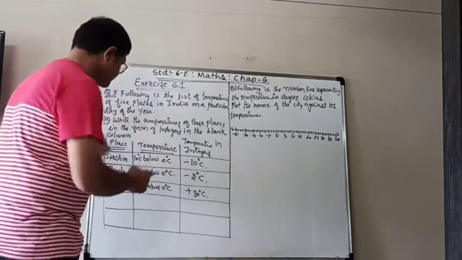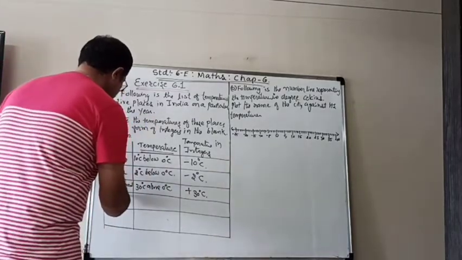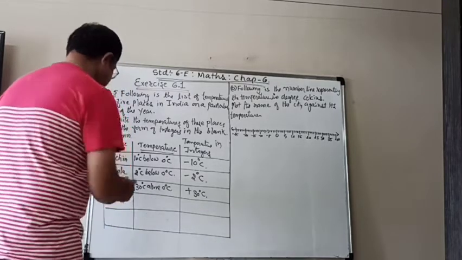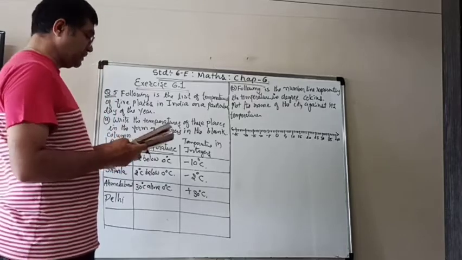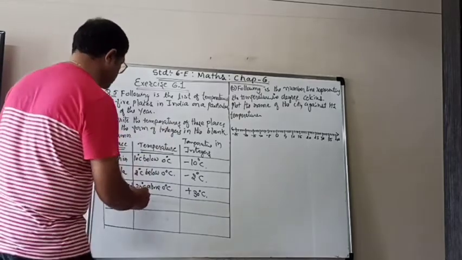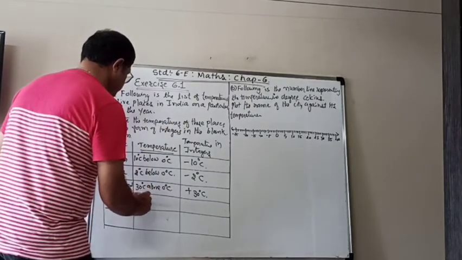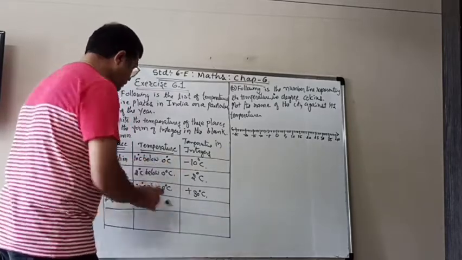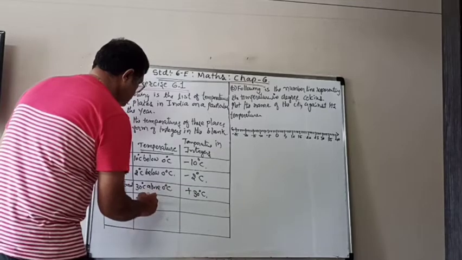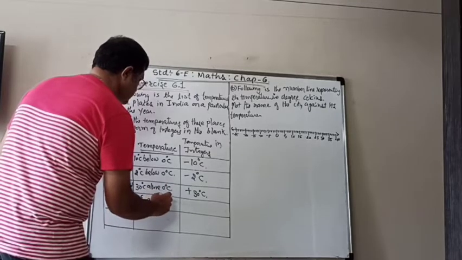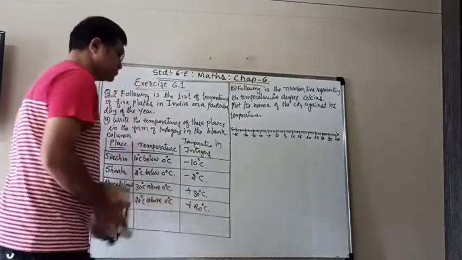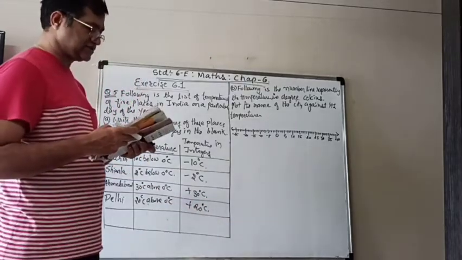Then Delhi. In Delhi, what is the temperature? 20 degrees Celsius above 0 degrees Celsius, so it will be plus 20 degrees Celsius.